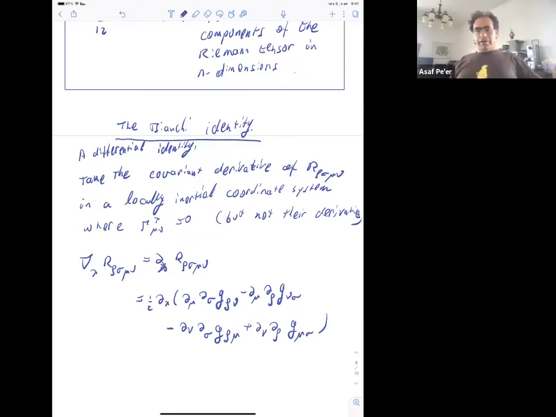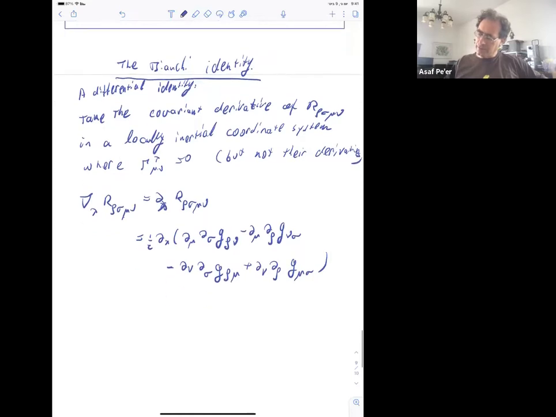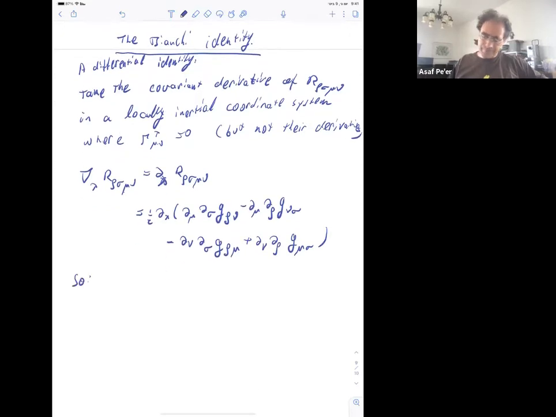What is that good for? That is good because if I take the sum of the cyclic permutations of the first 3 indices, I get nabla lambda R rho sigma mu nu plus nabla rho R sigma lambda mu nu plus nabla sigma R lambda rho mu nu, which is 1/2 times the following. Okay, let's just write it down.